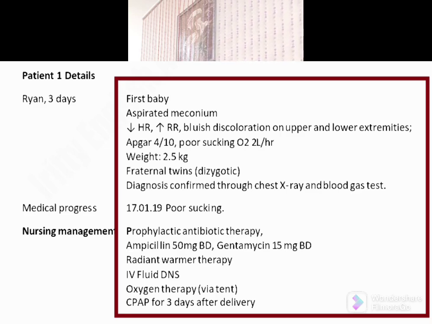And medical progress today, that is 17 January 2019, the diagnosis for Ryan is poor sucking. Nursing management: they have given prophylactic antibiotic therapy with ampicillin 50 mg BID and gentamicin 15 mg BID, and he has been on radiant warmer therapy. IV fluid DNS has been given, and oxygen therapy through the tent, CPAP for 3 days after delivery. So this is the case note for the first baby, Ryan.